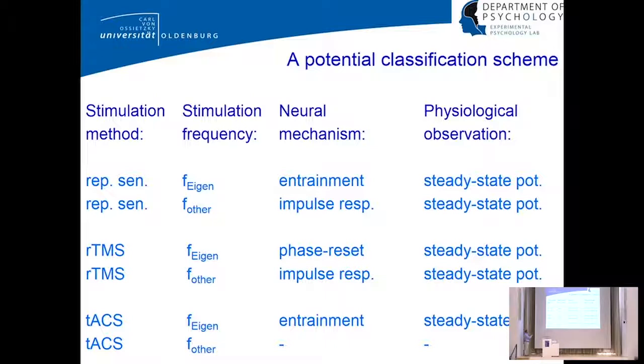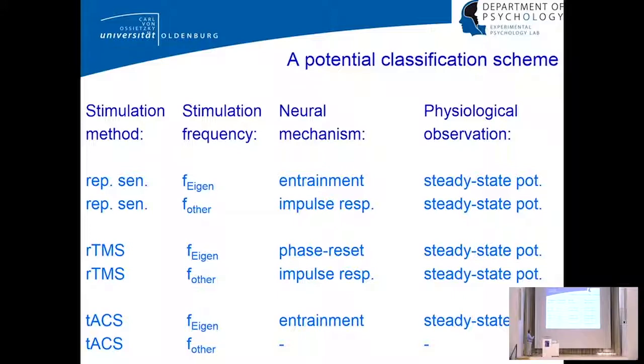If you do it at the eigenfrequency of an oscillation, say the alpha oscillation, then you can in principle get entrainment. If you use repetitive sensory stimulation at another frequency than the eigenfrequency, you will again get a steady state potential, but it cannot be explained by entrainment. That is most probably a superposition of impulse responses, as Joachim Groß showed nicely in a recent paper.